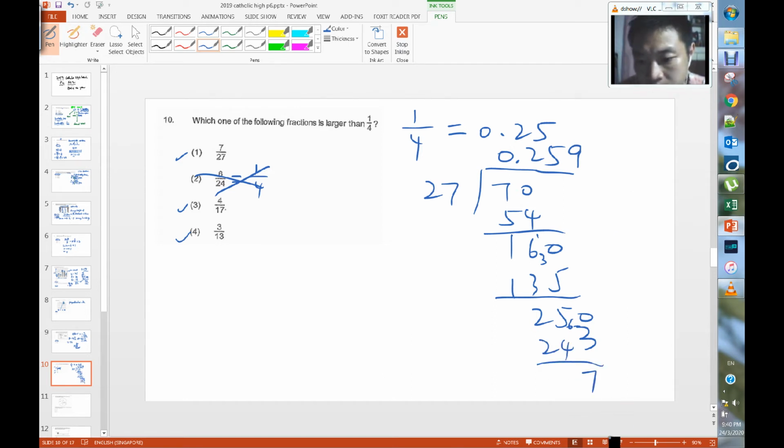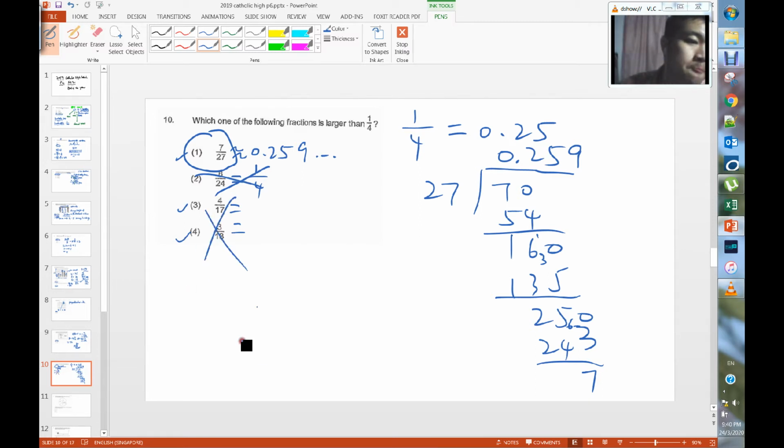Oh yes, you can, and you have a remainder of 7. So clearly this is approximately 0.259, and I don't have to continue because I know that this is definitely larger than 1/4. The rest you can go and test out, and they should be smaller than 1/4. So I'm not going to go through options 3 and 4.